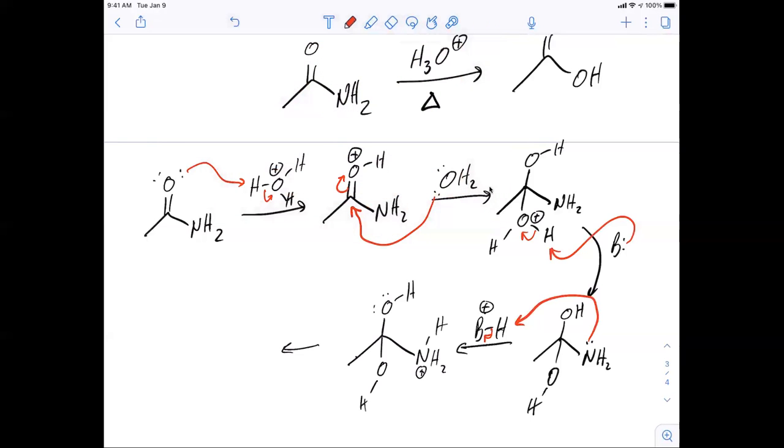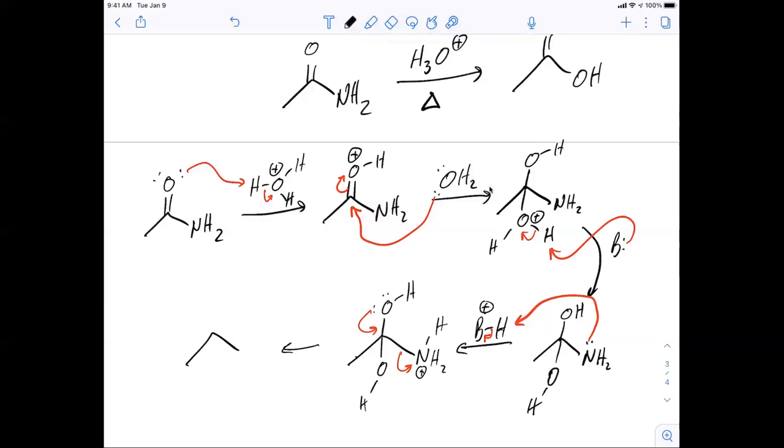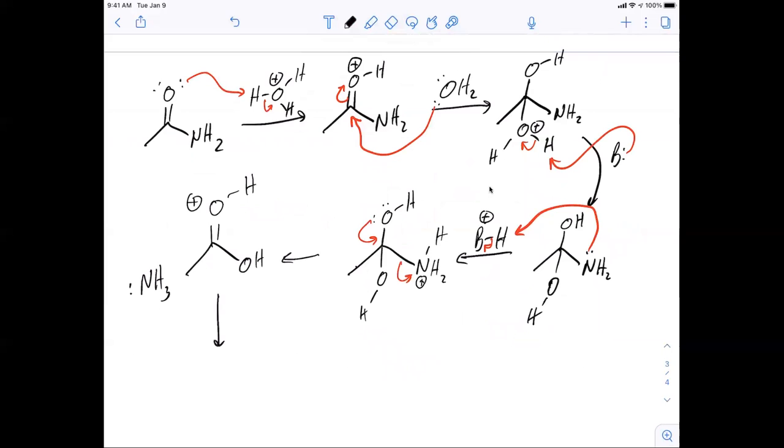So the electrons come down. All right, we can lose the amine, the ammonia. And then we get a proton transfer here to get us to our final product.